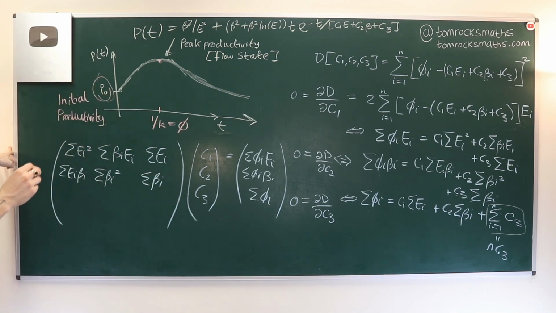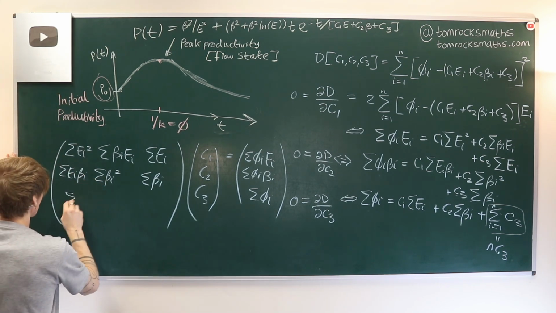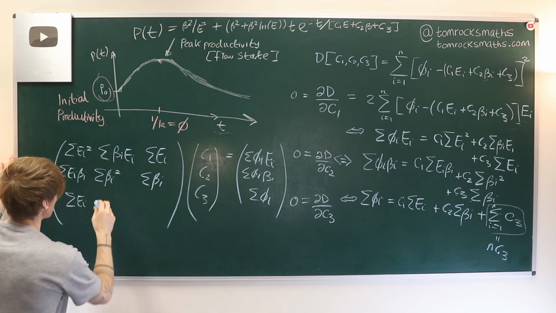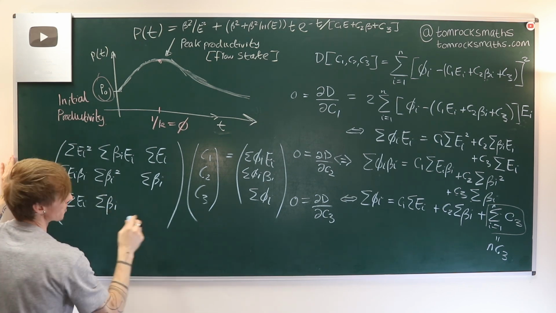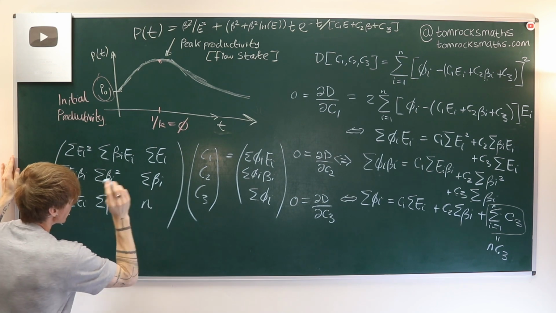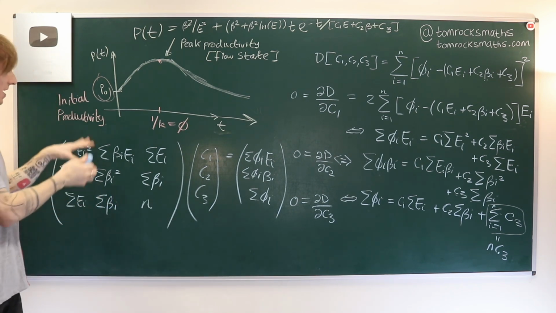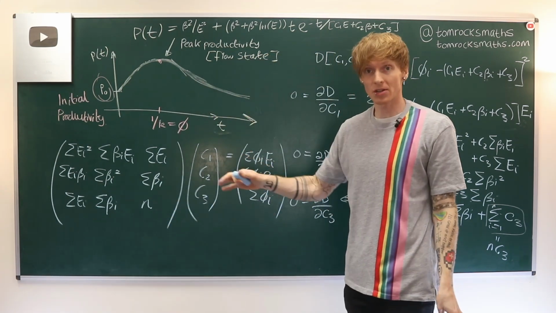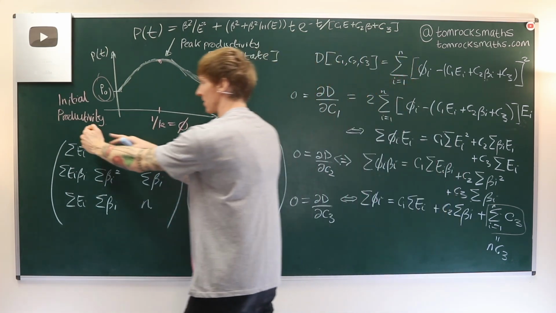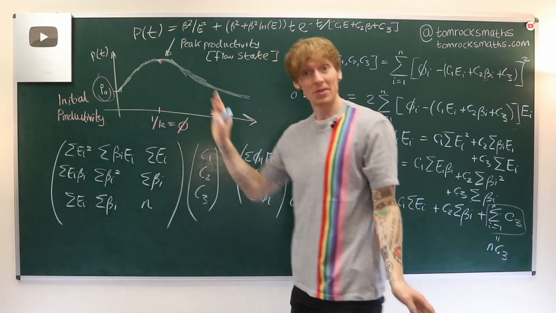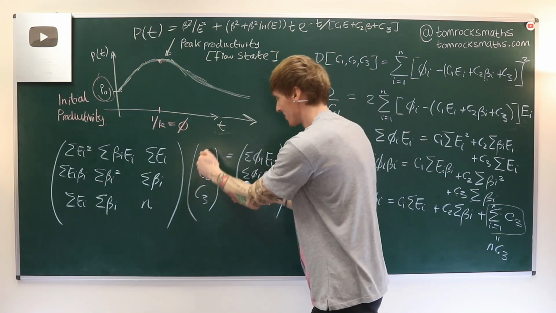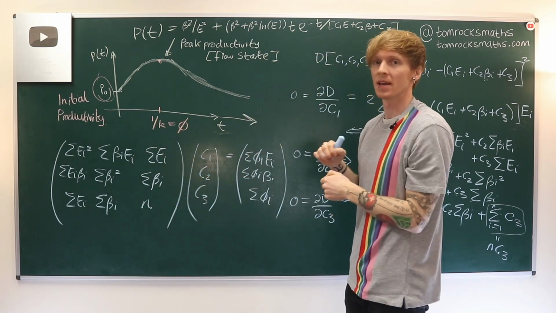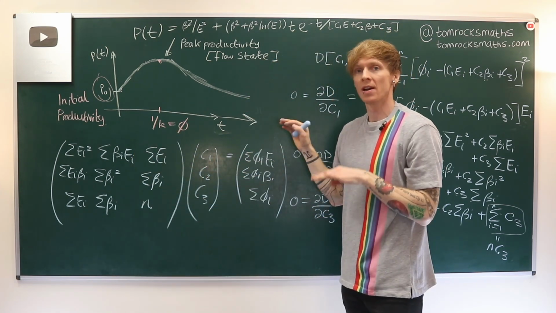And then for the last one, we've got C1 times the sum of E_i plus C2 times the sum of the beta_i's, and then plus n lots of C3. So we have a matrix system here, 3 by 3 matrix, and now we just have to take this matrix, compute its inverse, and then we've got C1, C2, C3 equals inverse of this times this product vector.